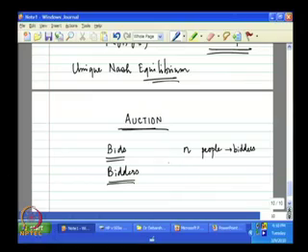These valuations can differ across the bidders. So, we shall call these valuations as V. In particular, V i is the valuation of bidder i for the object.